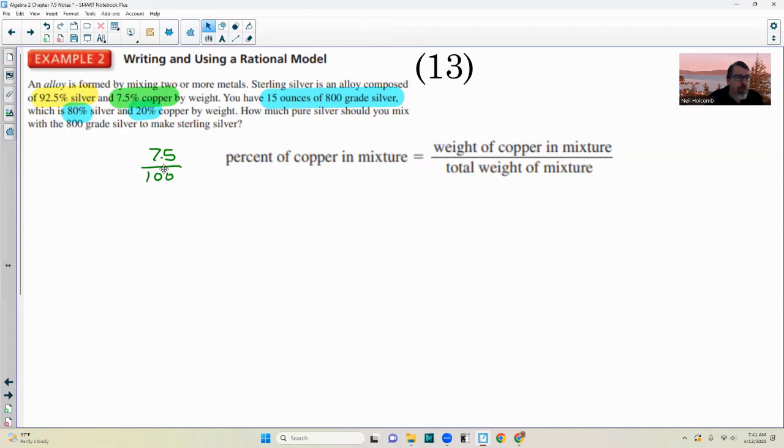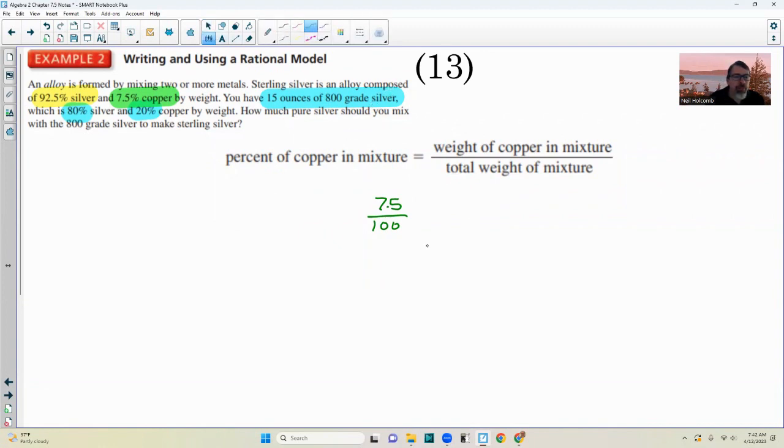Okay, so I'm going to take this 7.5, which is the percent of copper in sterling silver, 7.5% copper, and we want to make a mix of 80% silver. So right now we have 92.5% silver. So what the question is asking is, how much pure silver should you mix with the 800 grade silver to make sterling?